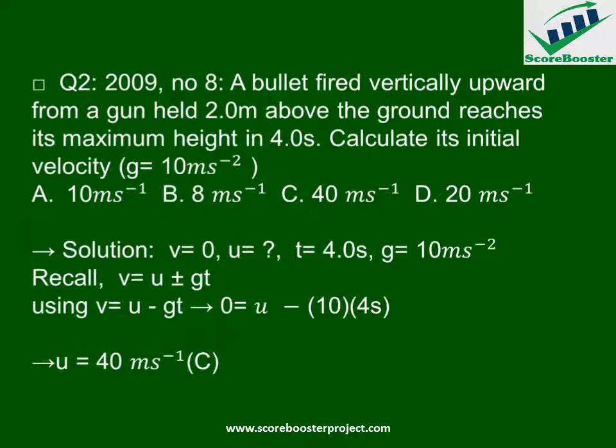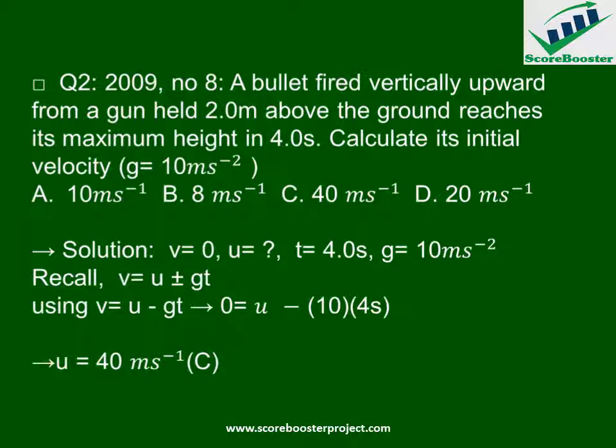Now we have to recall that v equals u plus or minus gt. So that is the first equation under motion under gravity. Since the object is moving against the gravity, moving up, then we'll consider minus. But if it's coming down, which is towards the gravity, it will be plus.